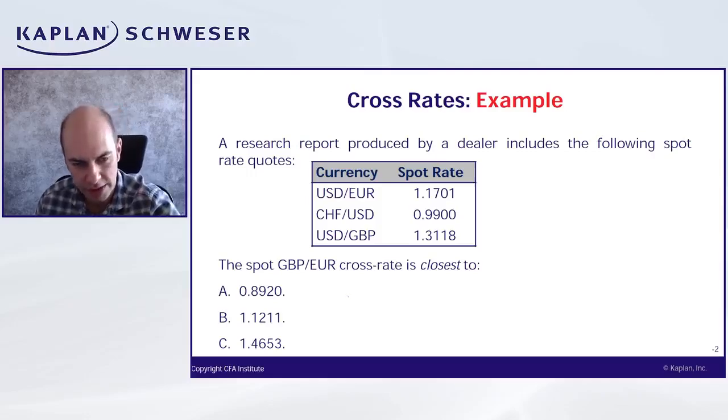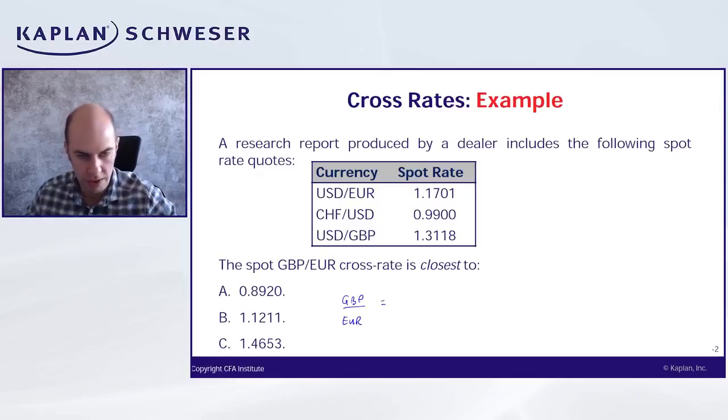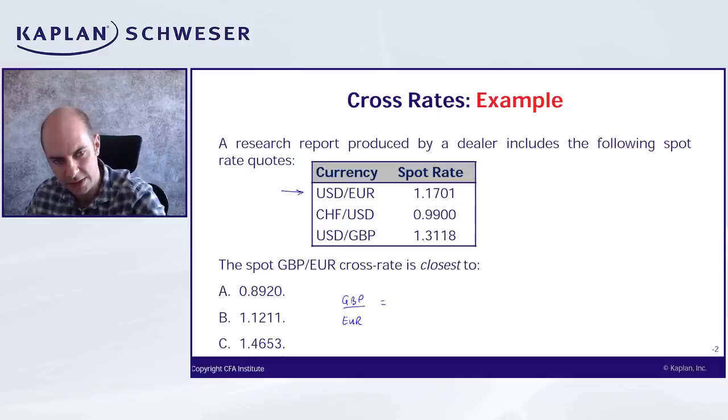So let's write it as a ratio, as a fraction, GBP over euro. And let's first figure out how we are going to produce this. We'll check in the table and find any pair that has the euro as the denominator. That's got it. So we can start with USD over euro.